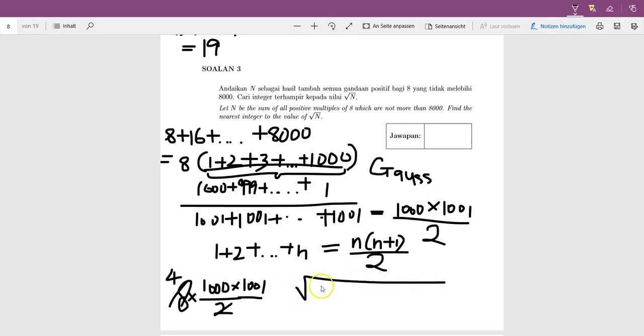So can I split this 4 into 2 twos? 2 times 2. So we have 2 times 1,000 times 2 times 1,001. Give me a moment. So basically, this whole thing would be 2,000 times 2,002.